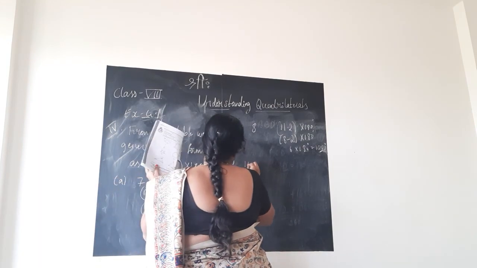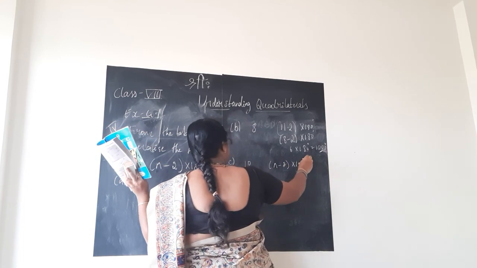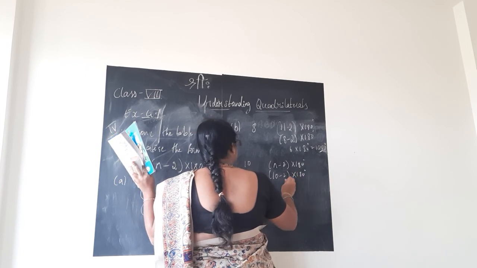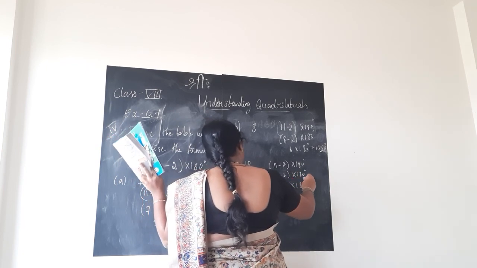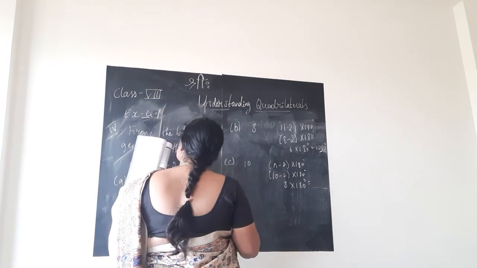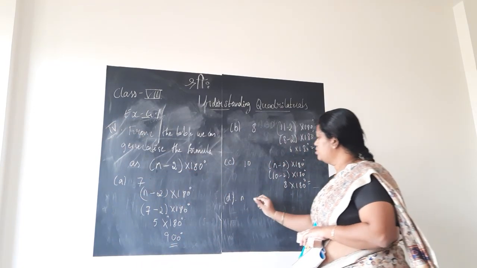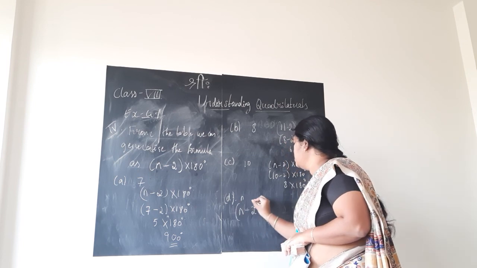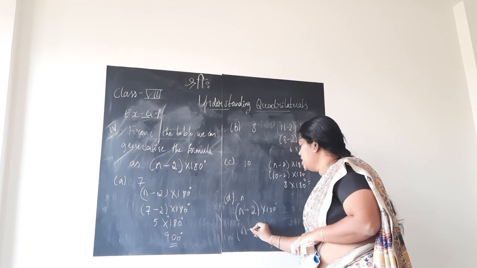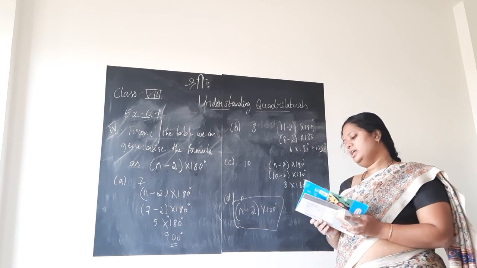Next one is 10. So 10 sides means same formula n minus 2 into 180 degree. In place of n you will substitute 10 minus 2 into 180 degree. It is 8 into 180 degree. How much will you get? You find out. Last one is n. In place of n, they have directly given n. So, n minus 2 into 180 degree. For n sides, n minus 2 into 180 degree itself remains the formula.